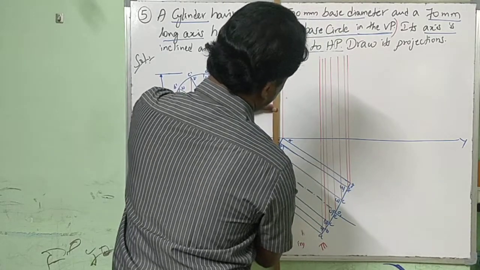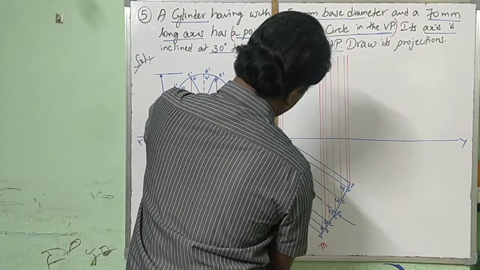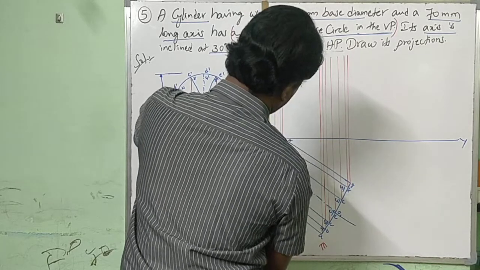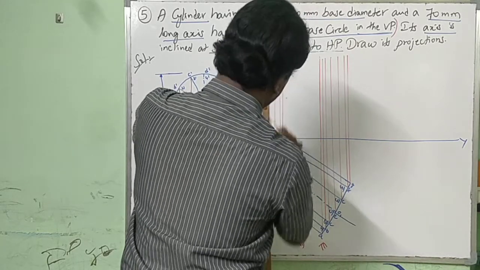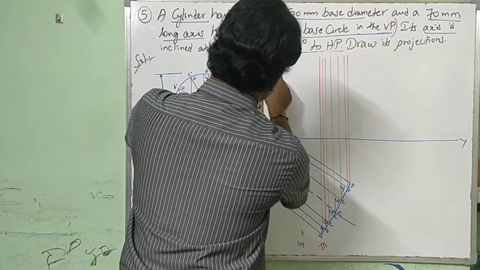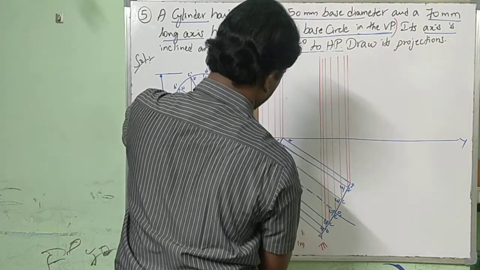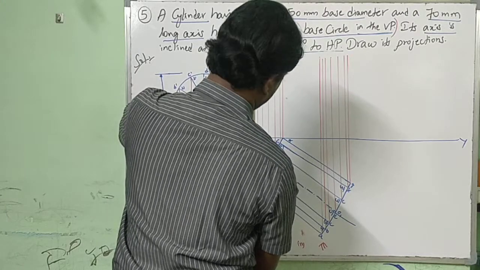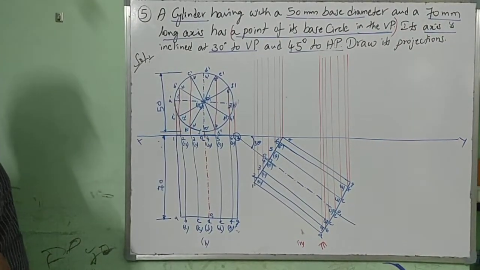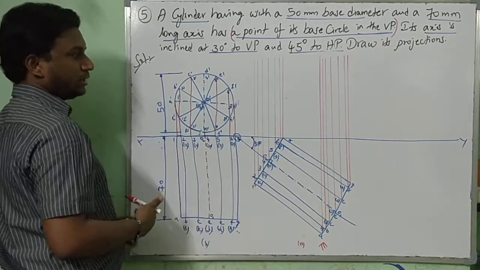Same way, top base. Vertical projectors from the second stage top view. Now front view from here, horizontal projectors.